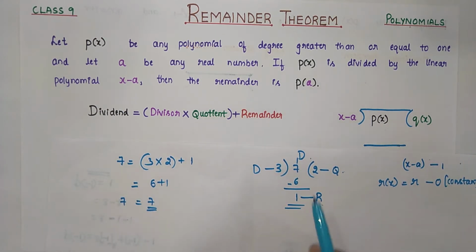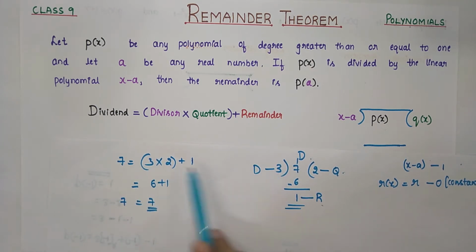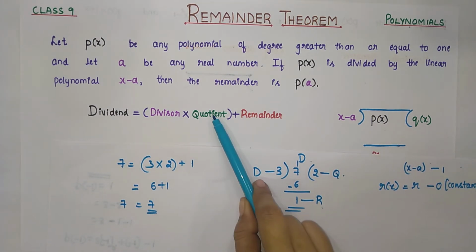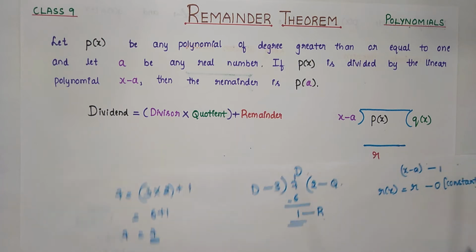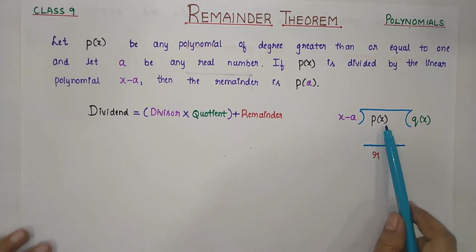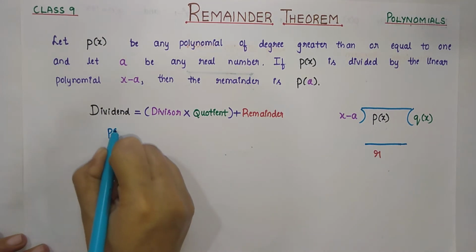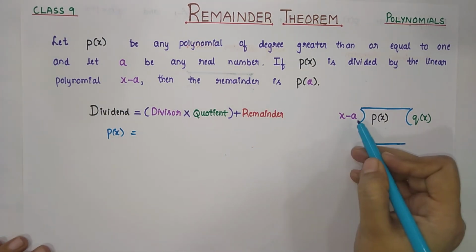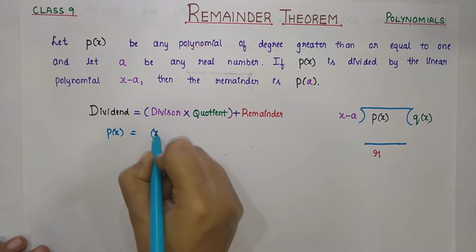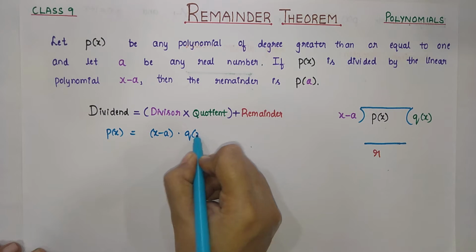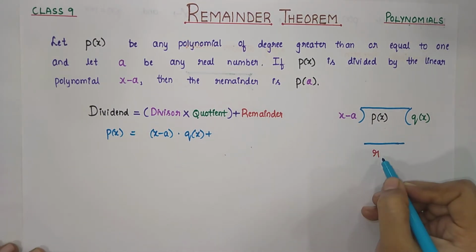So always dividend is equal to divisor into quotient plus remainder. Similarly, here also in polynomials we can consider that this dividend p of x is equal to divisor x minus a into quotient q of x plus remainder r.